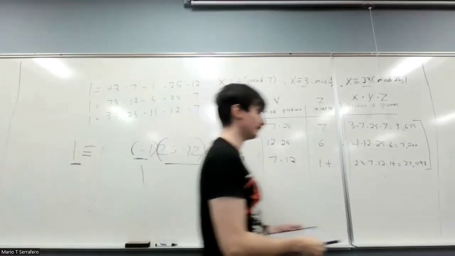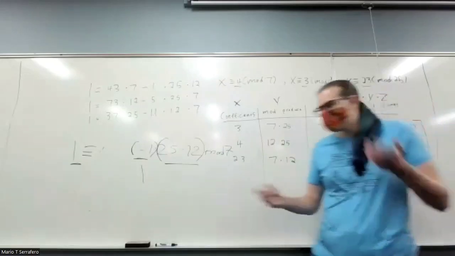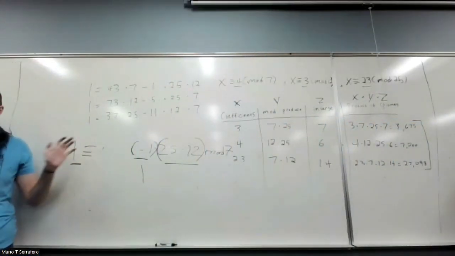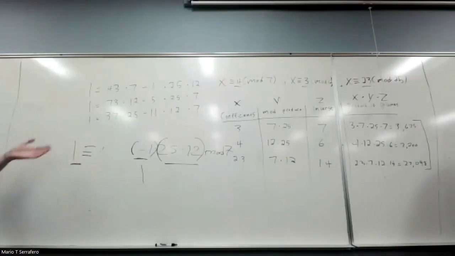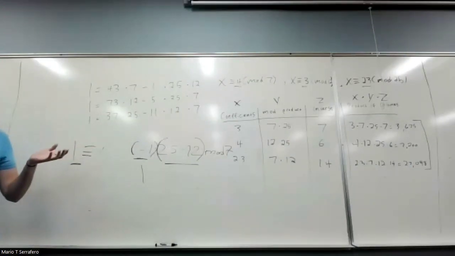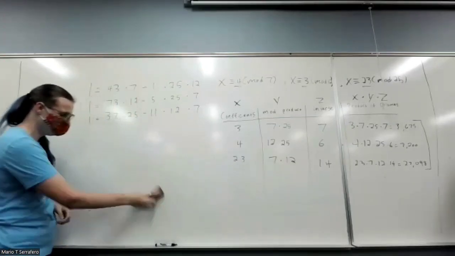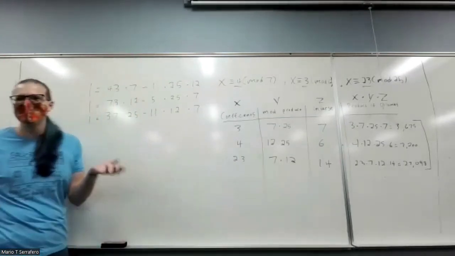Can I say something real quick? Yeah. So, this is great. I like to think about it a little differently, so I can present a slightly different mindset about how to think about getting these inverses. Sometimes it helps to see multiple ways to do things.